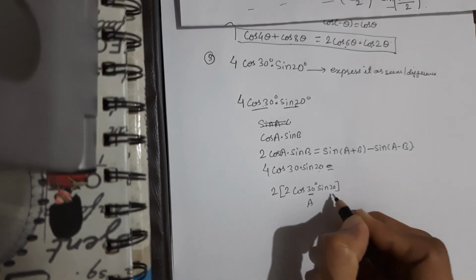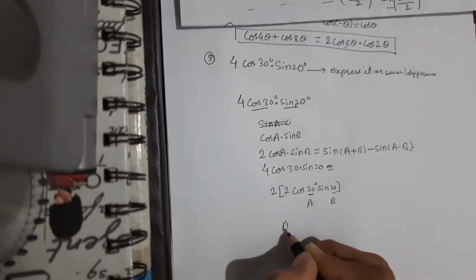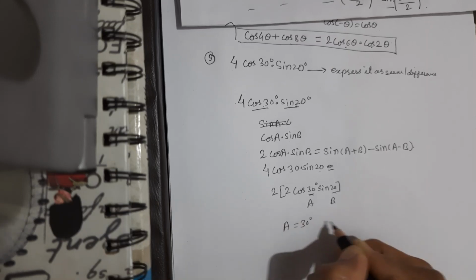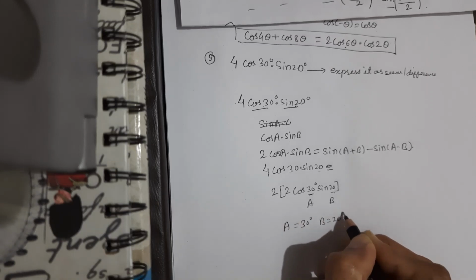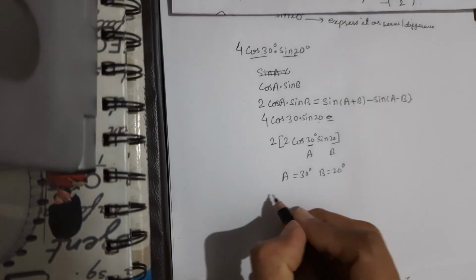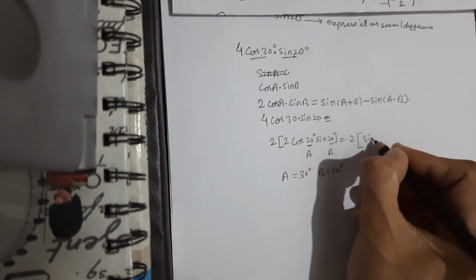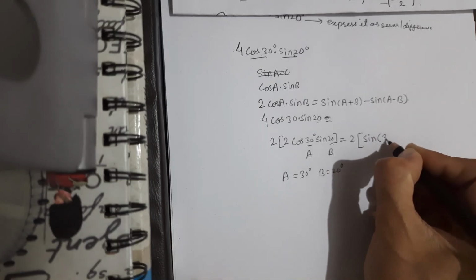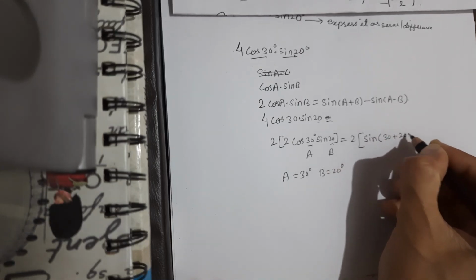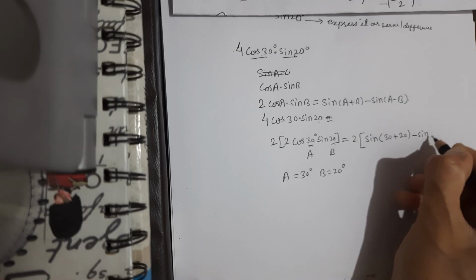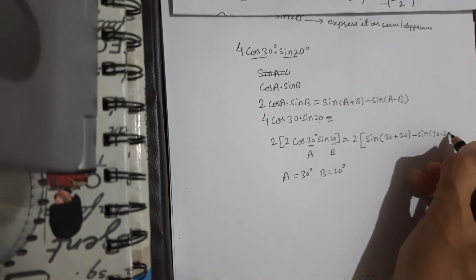My A is 30 degree and B is 20 degree. So what will I get? 2 into (sin (30 plus 20) minus sin (30 minus 20)).